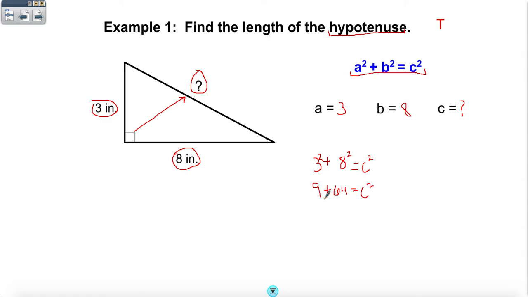Now the next thing I'm going to do is add the two numbers on the same side that I have. 9 plus 64 is 73. And now the last thing I have to do to get c by itself is get rid of the exponent of 2. The opposite of that is the square root. So the square root of 73 is going to be my answer.